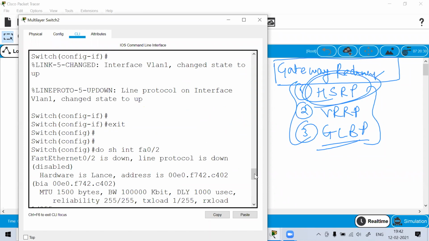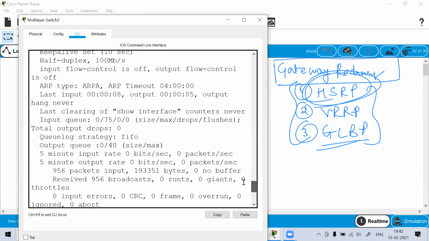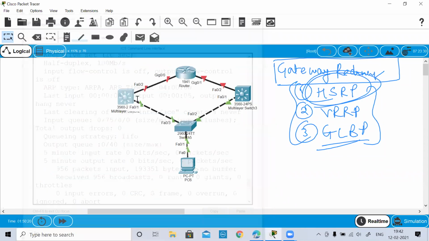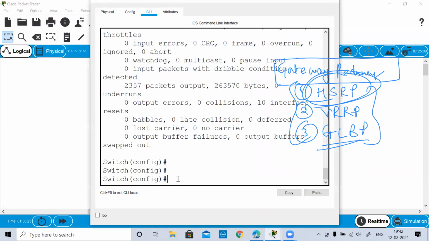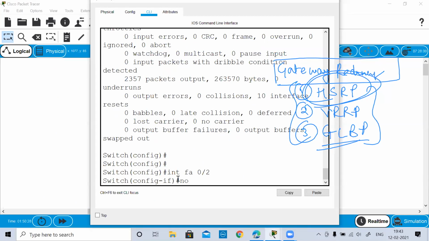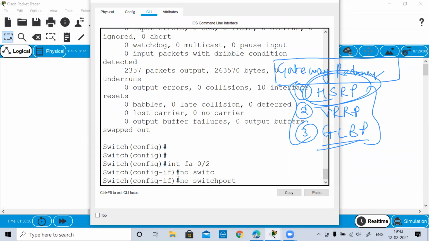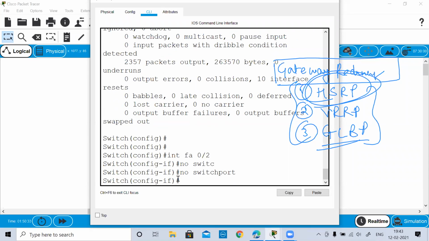Now if I have to make this a routing interface, I have to get inside interface 0/2 and just write no switchport. I don't want to take it as a switch port. When you configure no switchport on that particular interface, it automatically becomes your routing interface.